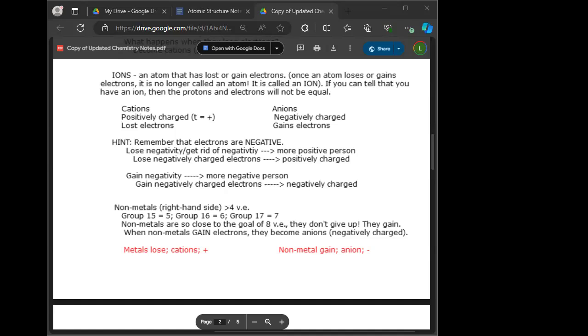So they're not going to want to lose, they want to gain. And so when they gain those valence electrons, they become negatively charged anions.